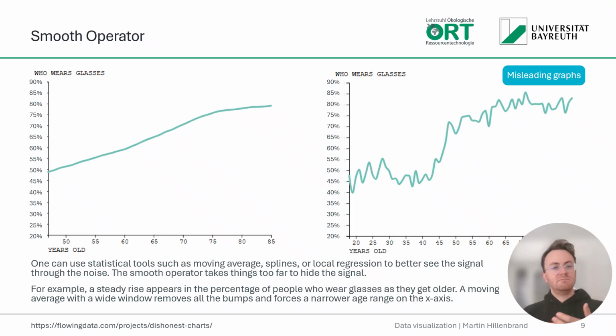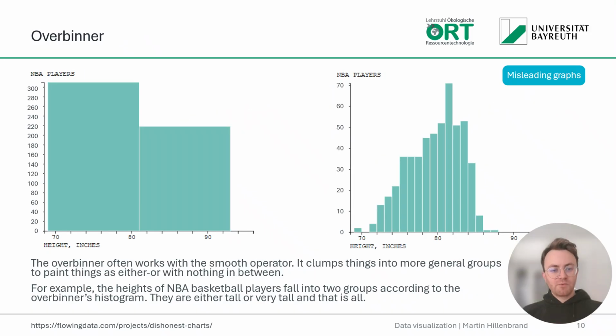So this is also manipulating the impression of the audience a little bit. You have to keep in mind that the smooth operator might make sense in some cases, but don't take it too far. The overbinner is doing something comparable to the smooth operator: you clump things together into more general groups.